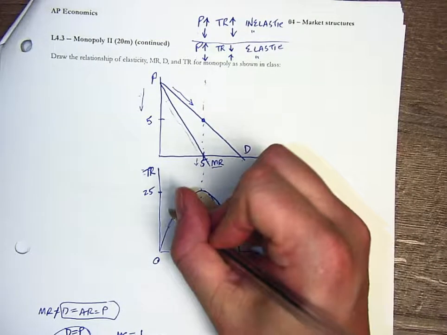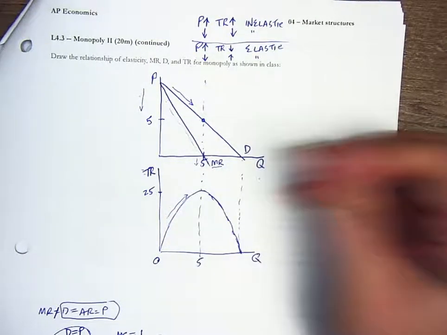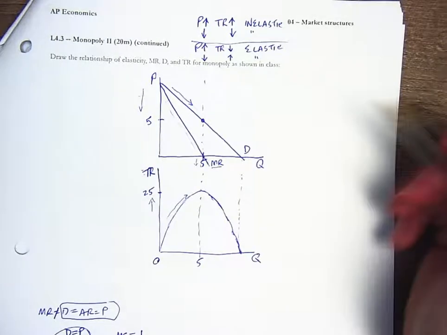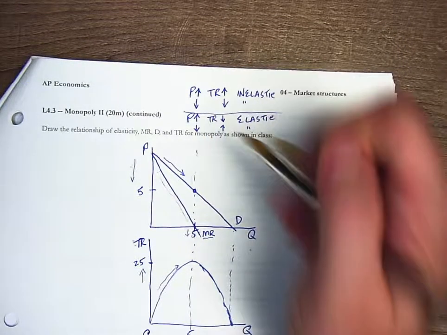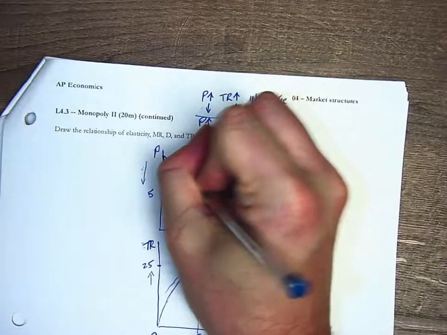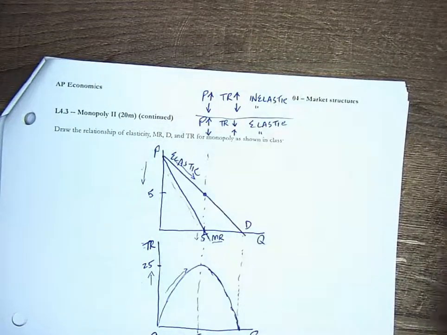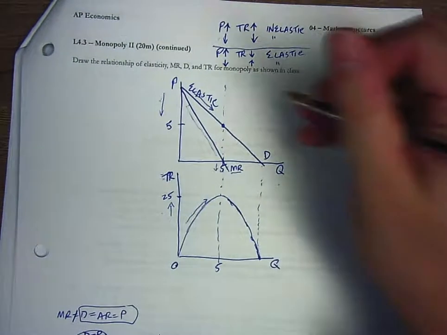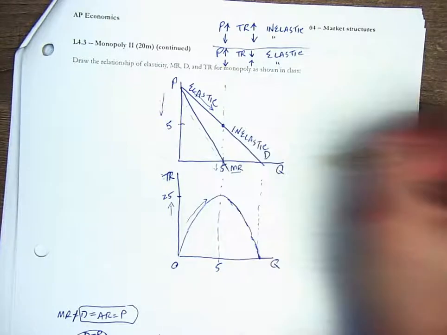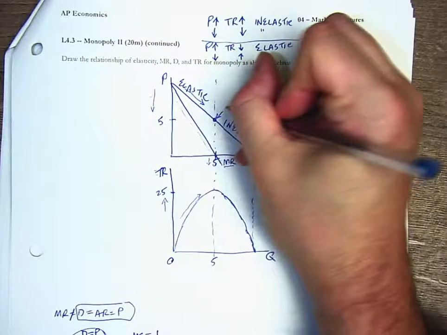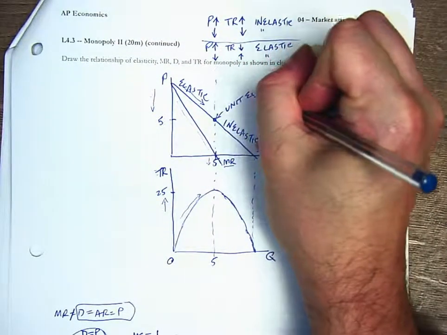Well, it's going up in that range. So here, price going down, total revenue going up. This is the elastic range. And we would also say that this is the inelastic range. And so this point is the unit elastic.